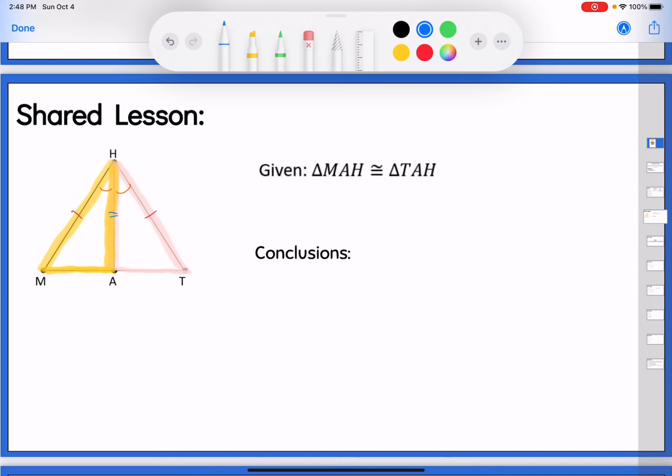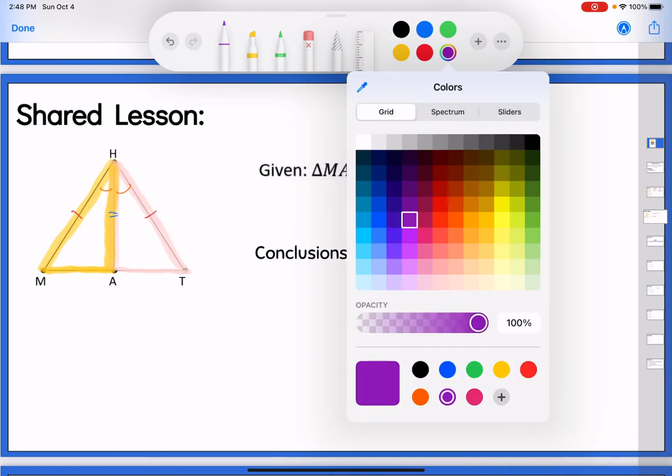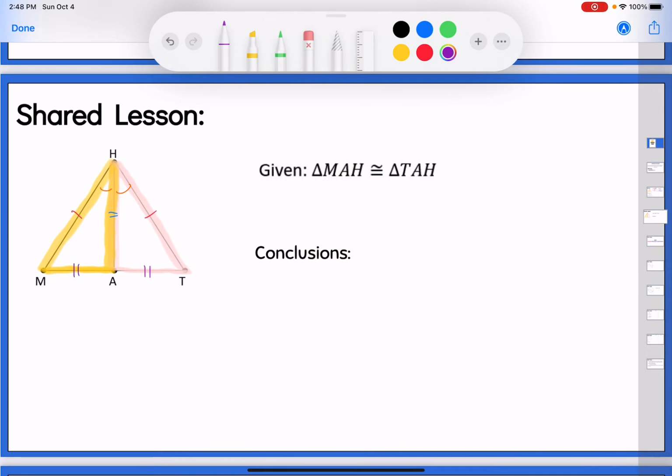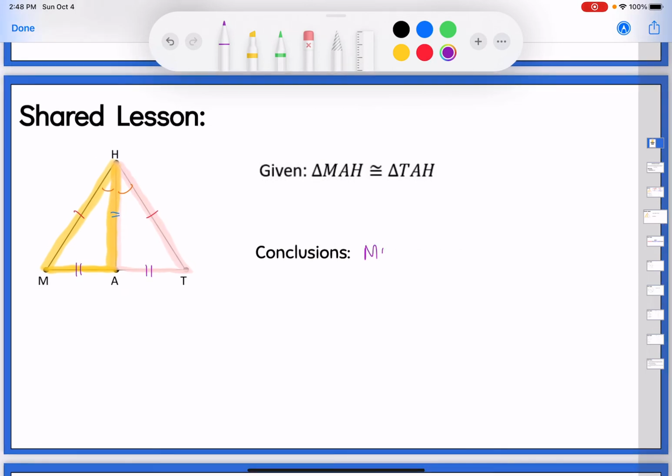Well, if I know that my triangles are congruent, then don't I know that all the corresponding parts are congruent? I only needed to use some of them to prove the triangles congruent, but now that I know they're congruent, I know that all the others are as well. So that means that I know that segment MA is congruent to segment AT.